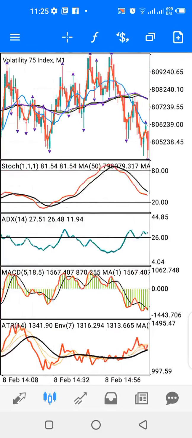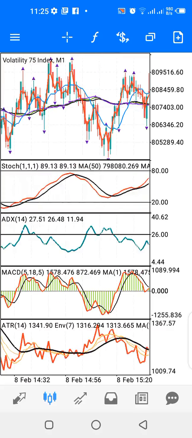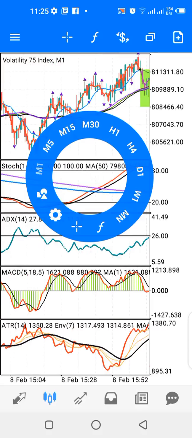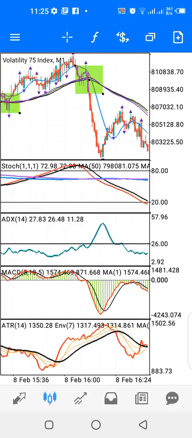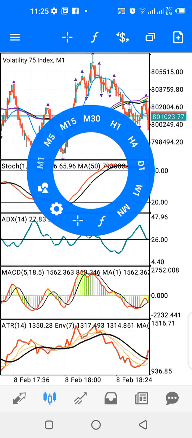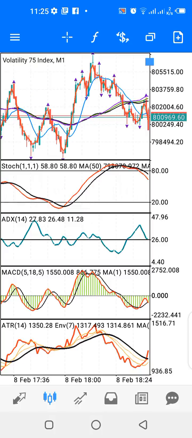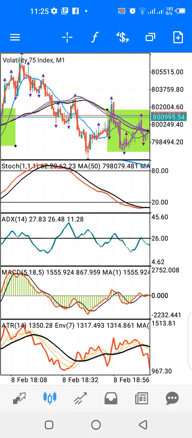When they cross up, let's look for where we have a cross up. Okay, like we have a cross up here. Yeah, we do have a cross up here. All right, that's your buy, sell, buy. This is a buy. And this is a sell, this is a buy. This is a sell.